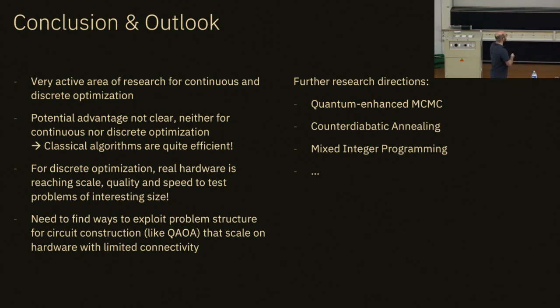In general, you don't know which other terms to put there, but there's some interesting work. And then, as I mentioned, going beyond binary to mixed integer is also a very interesting domain.